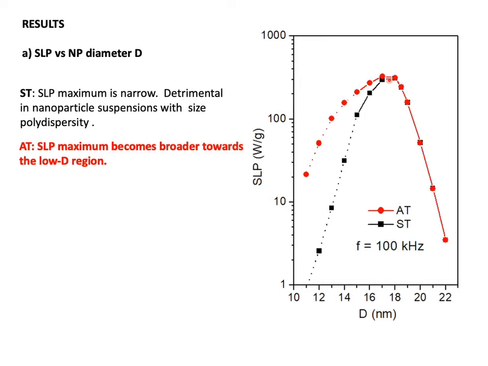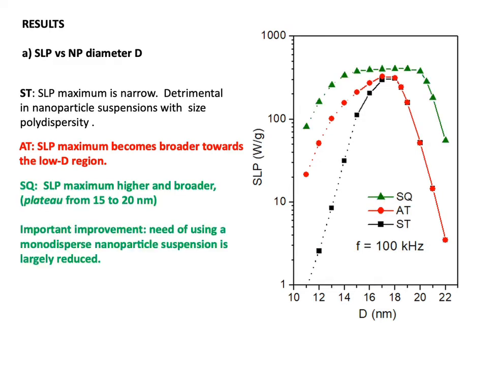By using an asymmetric triangular waveform, the SLP maximum changes a lot and becomes broader, lower in the lower dimension region.